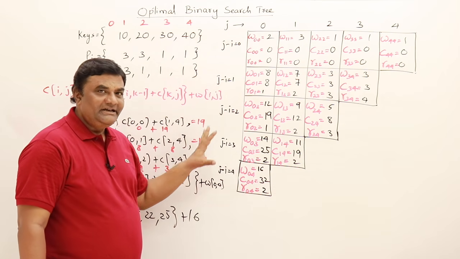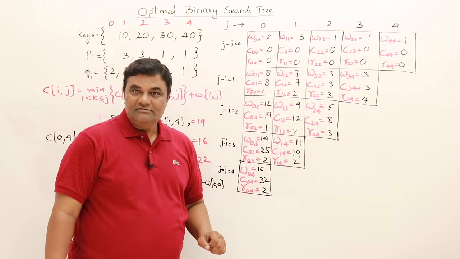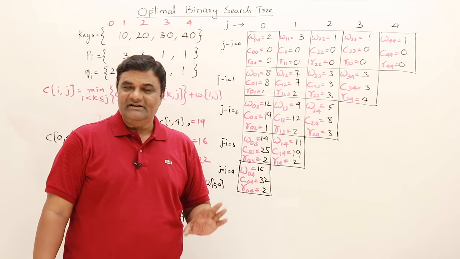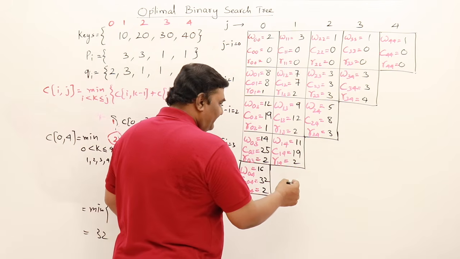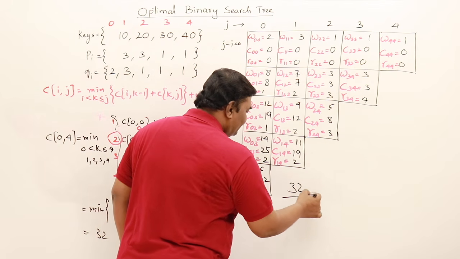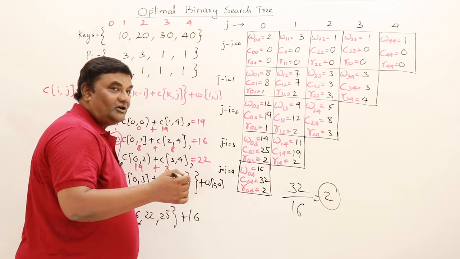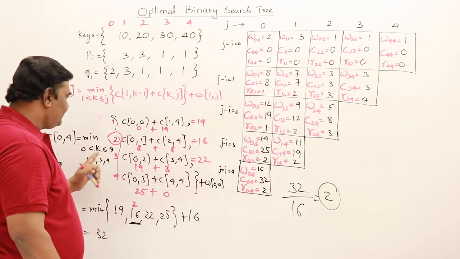Now we have the complete data available. The cost of a tree, we got it as 32. So as I said that the probabilities are multiplied by 16 and kept there to avoid decimal values. So this result should be divided by 16. So 32 by 16, cost is 2. So the minimum cost of an optimal binary search tree is 2. If you observe this, we are always taking minimum.